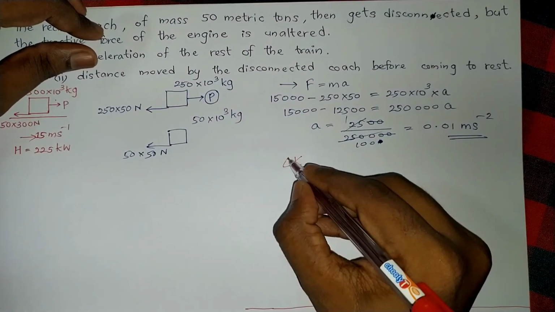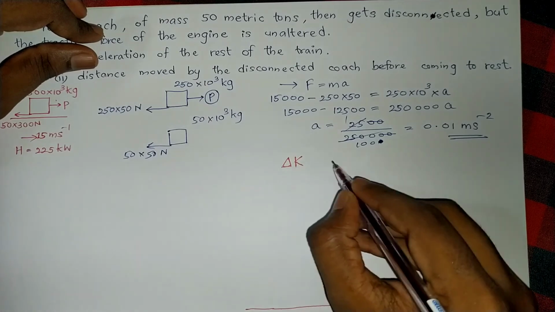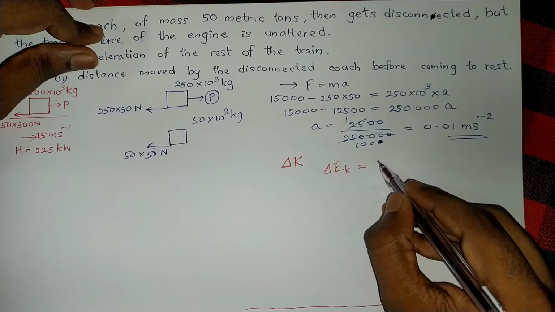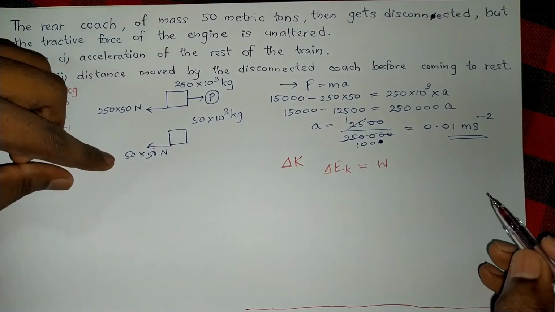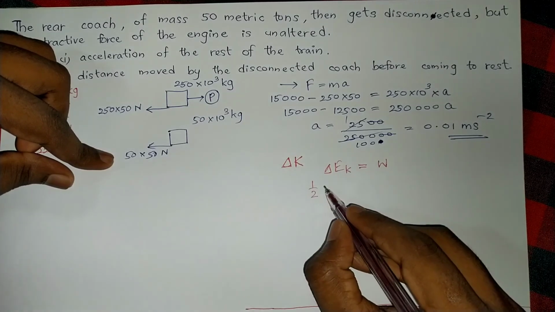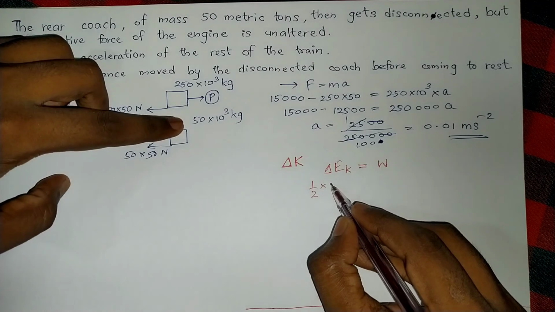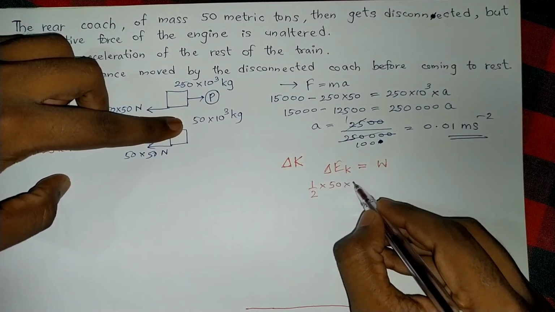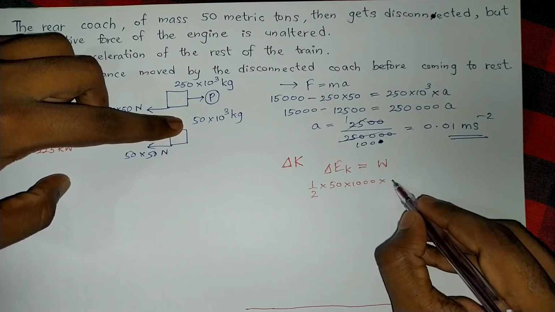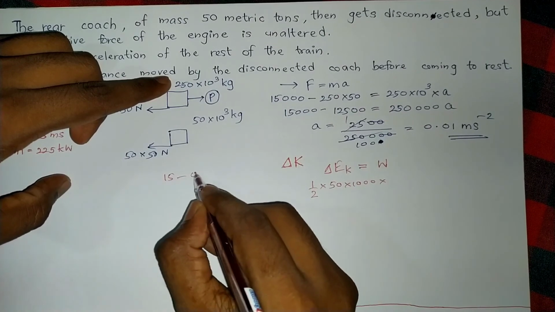Loss of kinetic energy, delta EK, is equivalent to the work done by this resistance force. Kinetic energy is half into mass into velocity squared. The mass of the coach is 50 into 1000. The change of velocity is 15 minus 0.